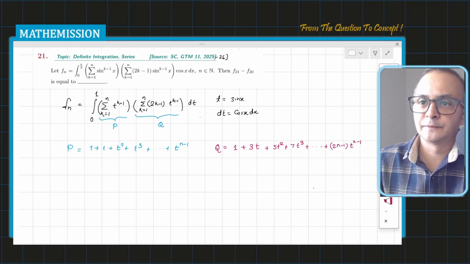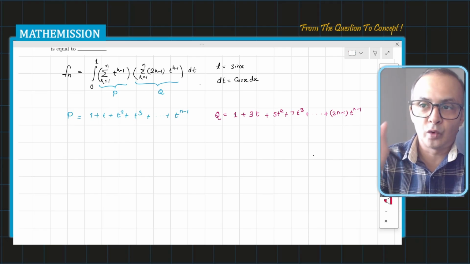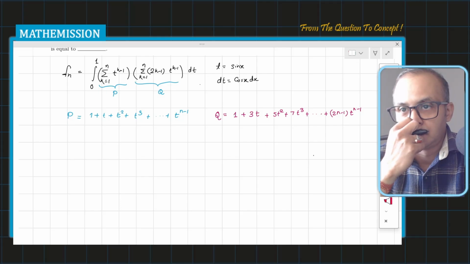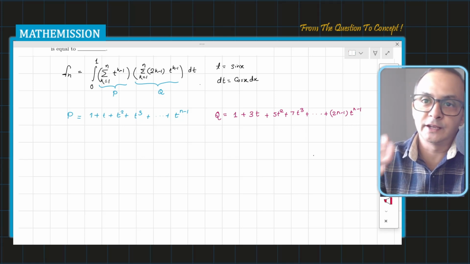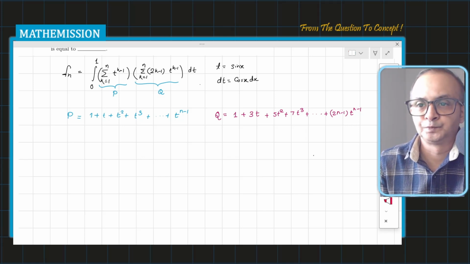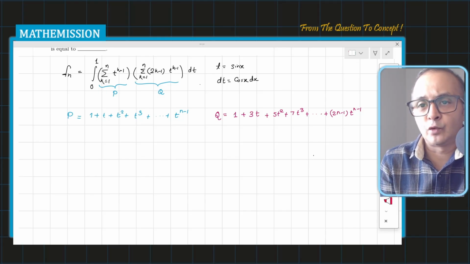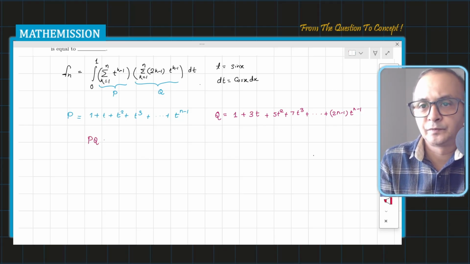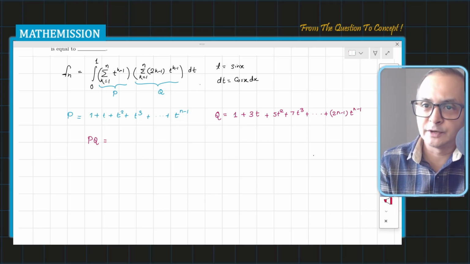Now my point is, can we write the product PQ in one single expression? Means I simply give the indexes and I get the term we actually get after multiplying P and Q. Try to notice. I'm trying to give the index for the first summation.